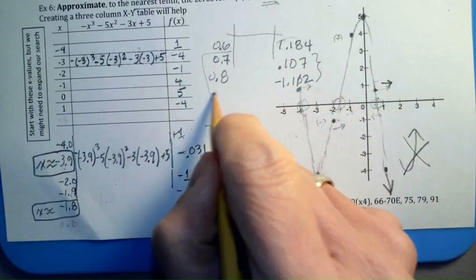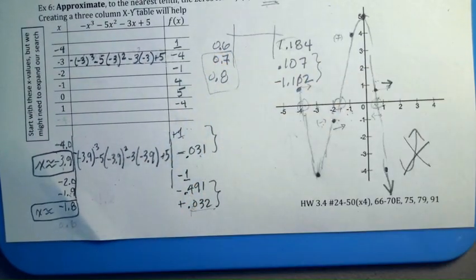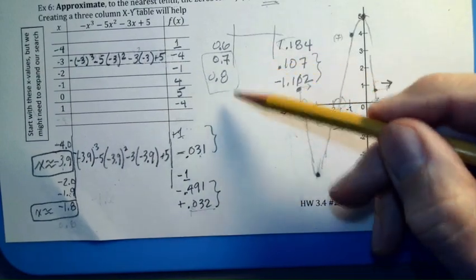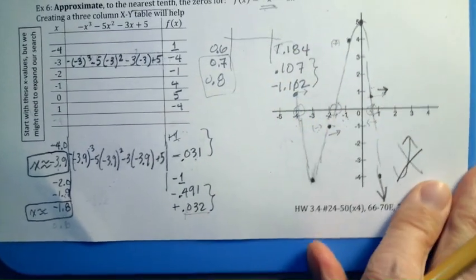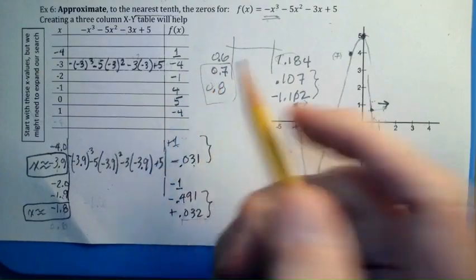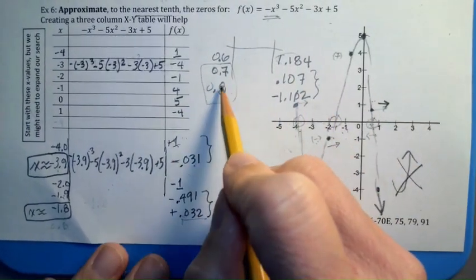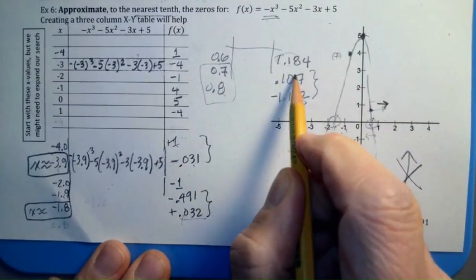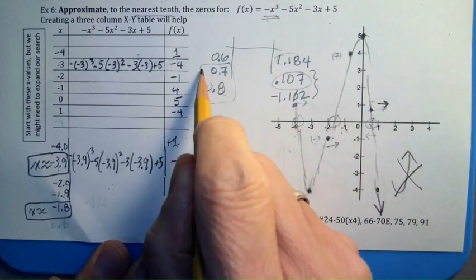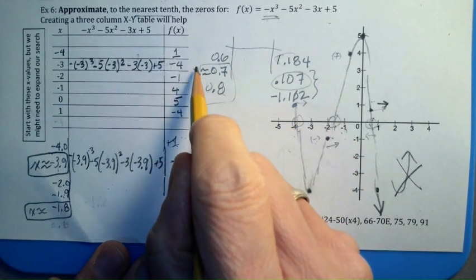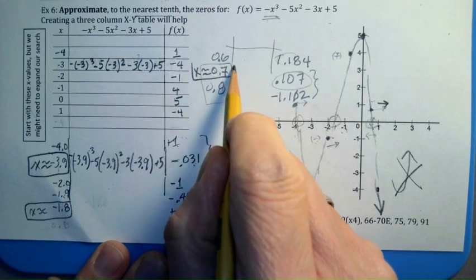So the 0 is really between these two, but we're just getting it to the nearest tenth, so we pick whichever one of these is the closest. Whichever one of these has a y value closer to 0, clearly this one is, so we're going to say that x is approximately equal to 0.7.